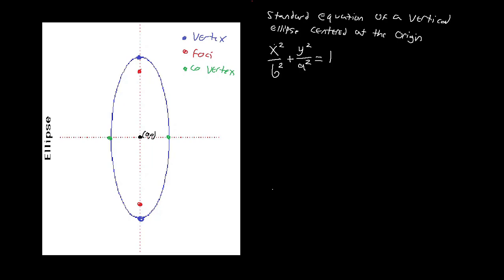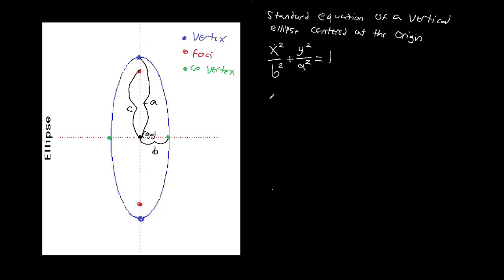And just to recap what we talked about before, the distance from the center to the vertex, this is still a. The distance from the center to the co-vertex, this is still b. And the distance from the center to the foci, this is still c.